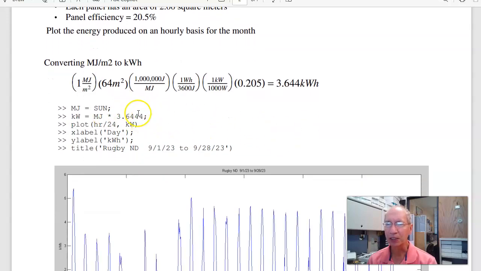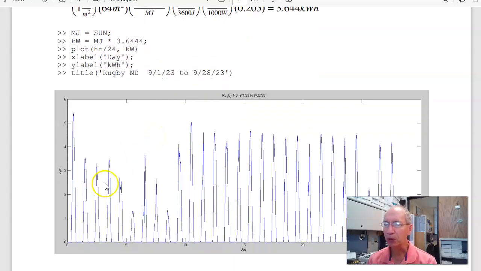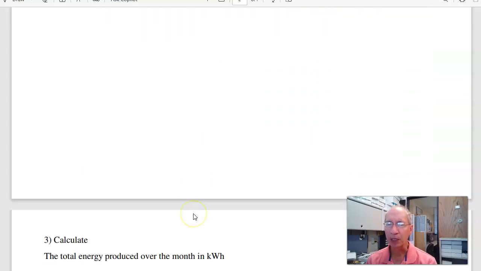So once I get the solar radiation in megajoules, convert to kilowatts, and plot it, this is how much my solar panels would produce if I installed them in Rugby, North Dakota, based upon this data. Well, that's in terms of kilowatts.